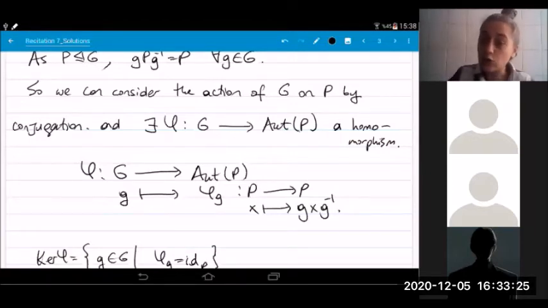These are not the inner automorphisms of P, but the inner automorphisms of G. If you define the conjugation from G to G, then you have an inner automorphism of G. But defining an action from G on P does not provide an inner automorphism of P, but it is something like an inner automorphism. Yeah, here I think phi g is an inner automorphism, right? Yes, phi g.